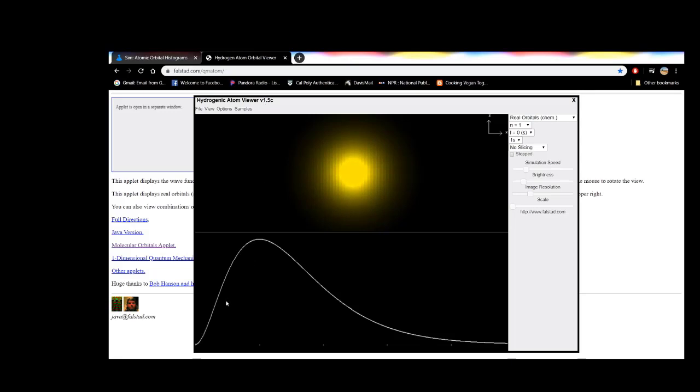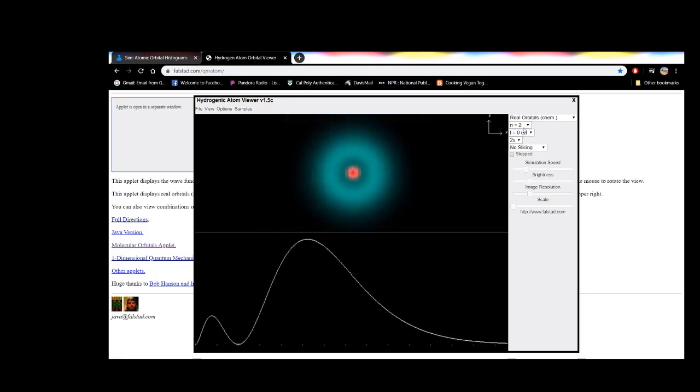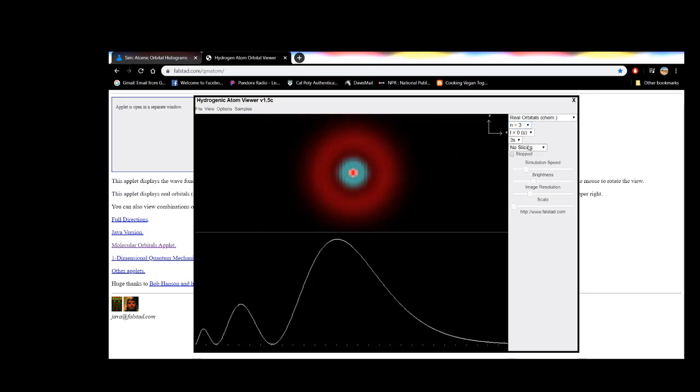What we care about is what they look like relative to each other. So this is a plot for the 1s orbital, and we get this nice smooth curve with some most likely radius right there. And we can look at this for the 1s, for the 2s, for the 3s, and we can keep going.